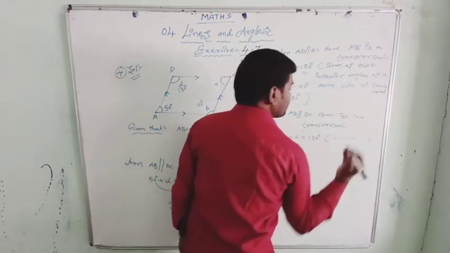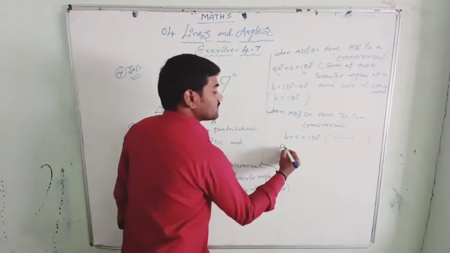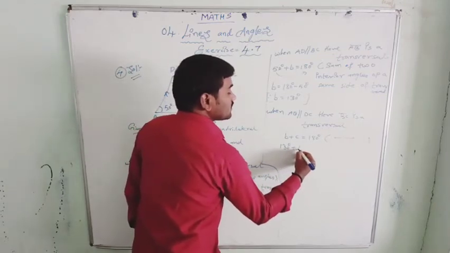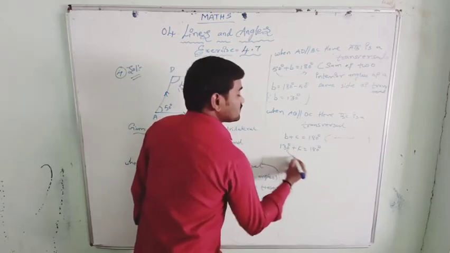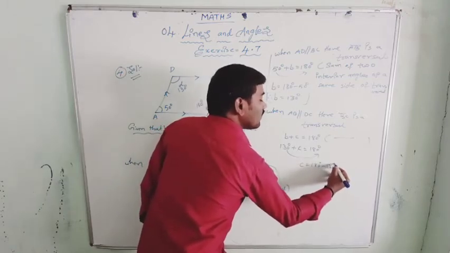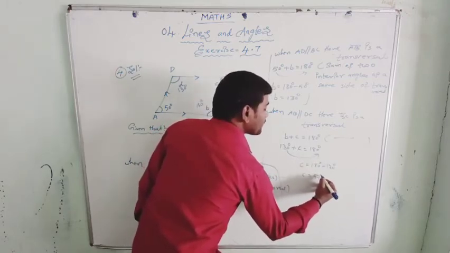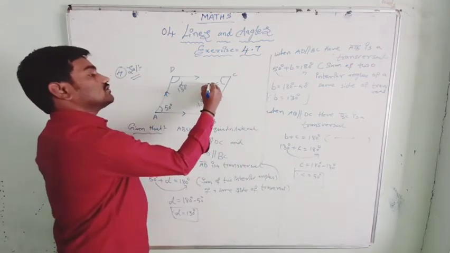Here angle B we know is 130 degrees. Substituting, 130 degrees plus angle C equals 180 degrees. C equals 180 degrees minus 130 degrees. C equals 50 degrees.